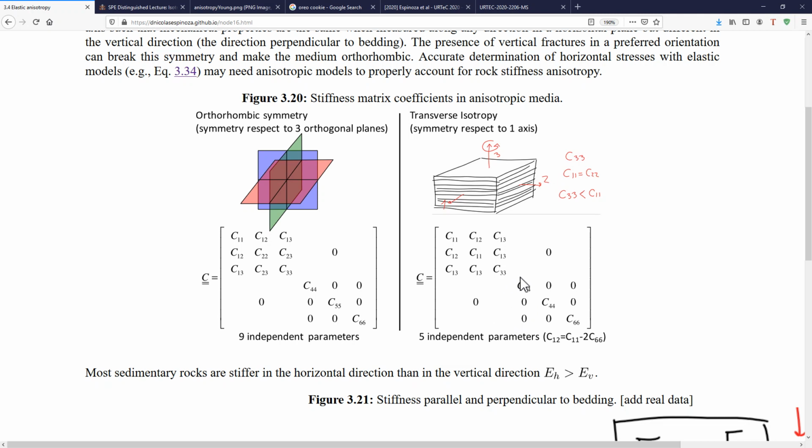So if we want to measure the properties of these rocks in the laboratory or in the field, we have to do additional measurements. Usually sedimentary rocks are stiffer in the horizontal direction than in the vertical direction.